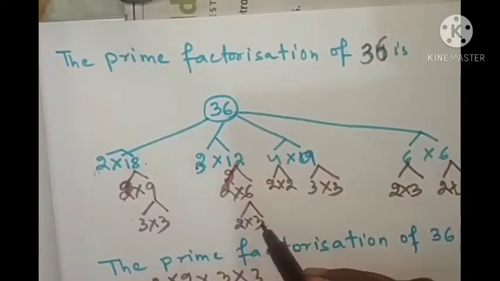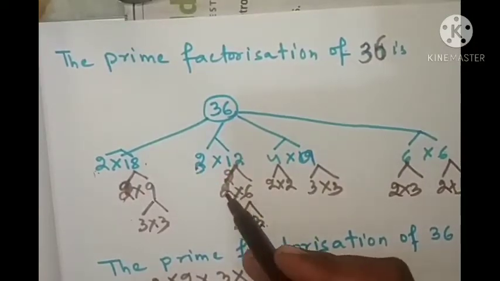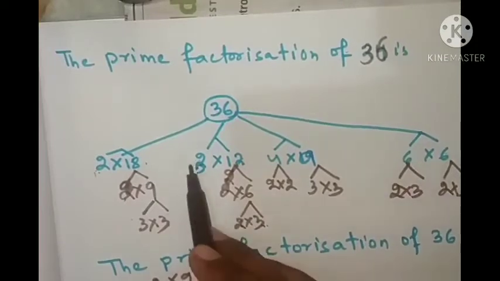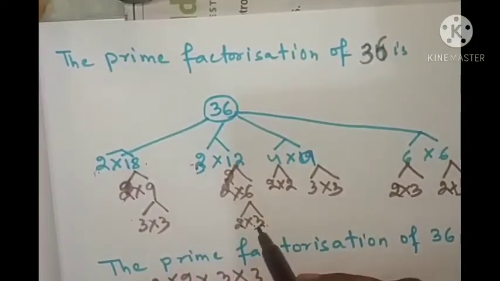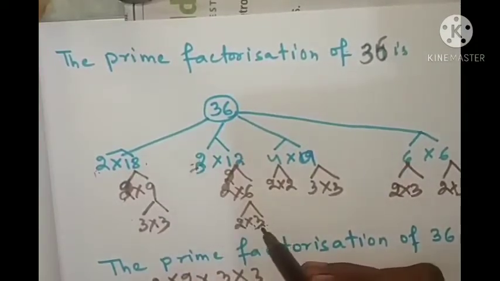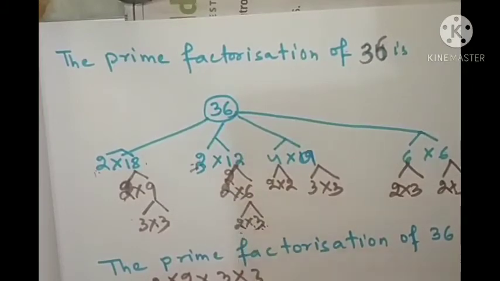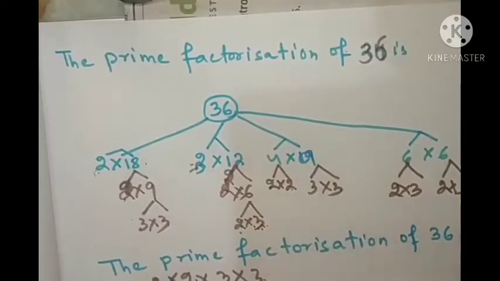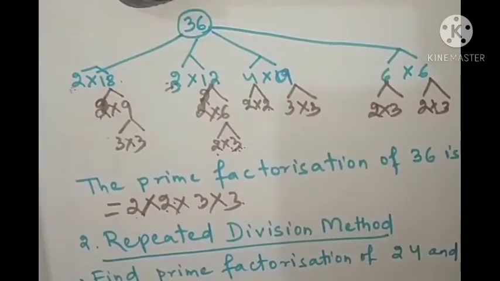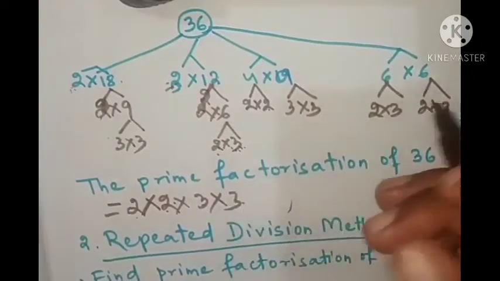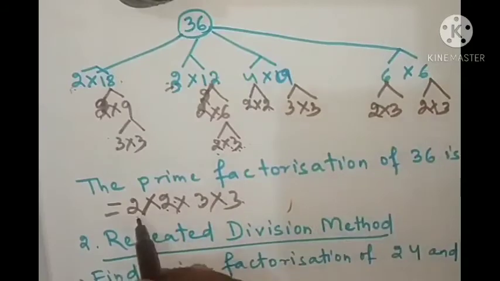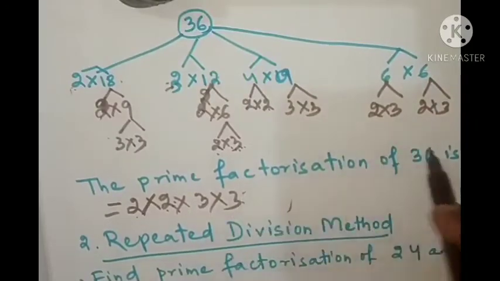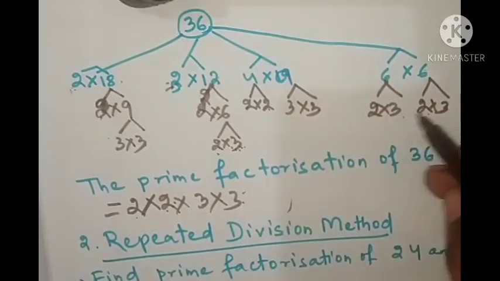So here you are getting 2 numbers of 3 and 2 numbers of 2. Here also you are getting 2 numbers of 2 and 2 numbers of 3.